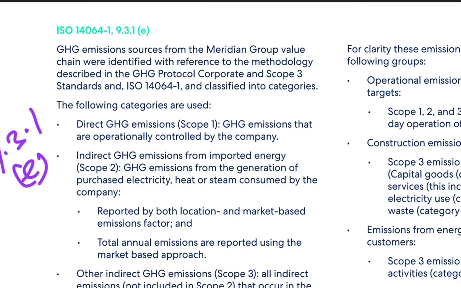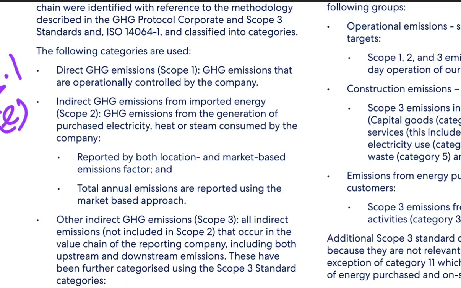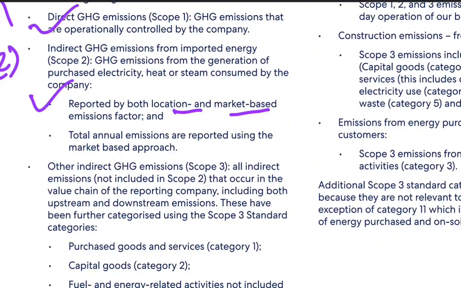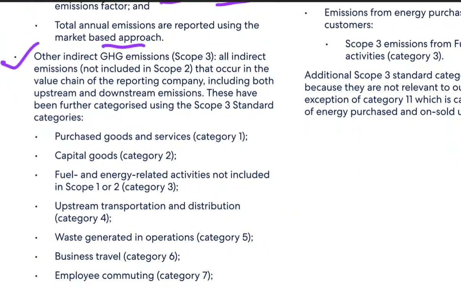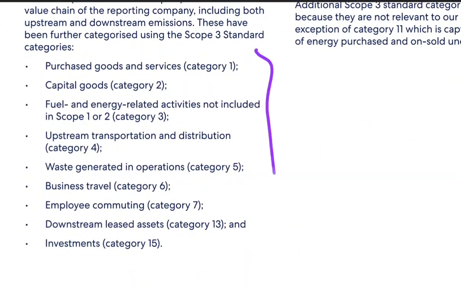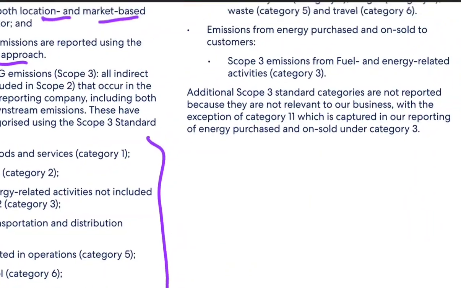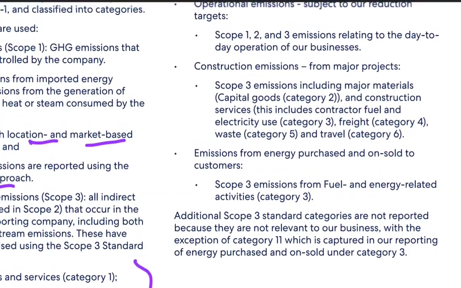So there are different categories, like direct and indirect emission categories as per Scope 1, Scope 2, Scope 3. The details are available here. In Scope 2, both location-based and market-based approaches were applied. Also, total emissions are reported using the market-based approach. Scope 3 relevant categories were identified, and the information is available here.